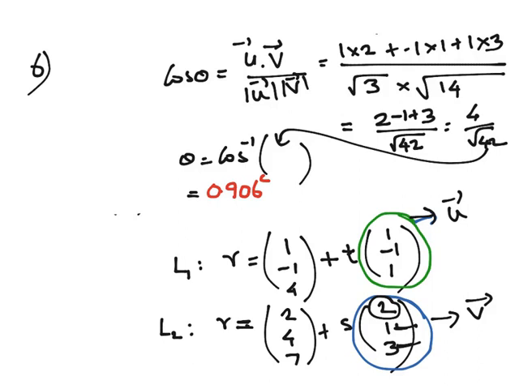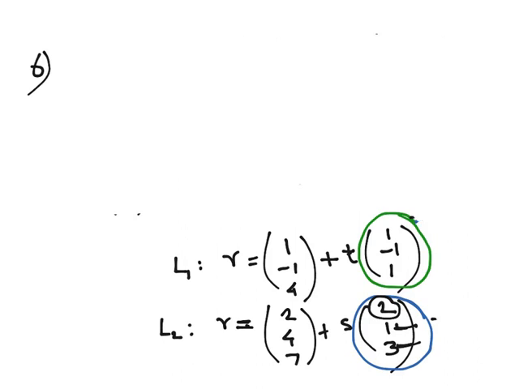The final one is the lines L1 and L2 intersect at the point C. Find the coordinates of C. Okay, so I need to find the coordinates of C. So let us do that. Fine. The first thing we should do is equate both the lines.